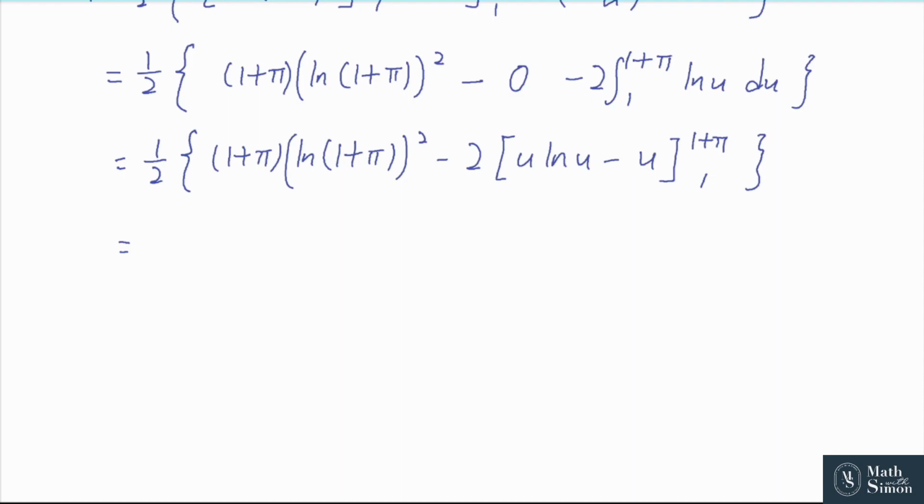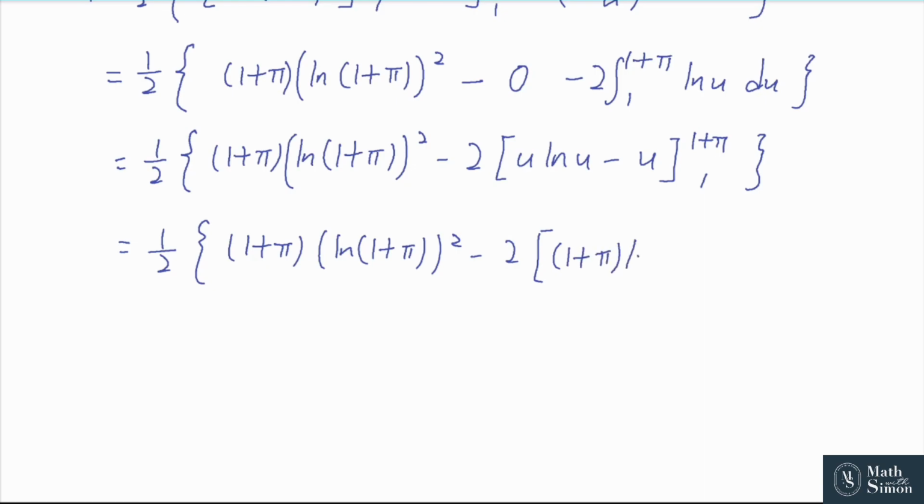Now let's just tidy up a little bit for the second term there. So that is 2, and then we have to substitute the values very carefully here. 1 plus pi times ln(1 plus pi) minus (1 plus pi).